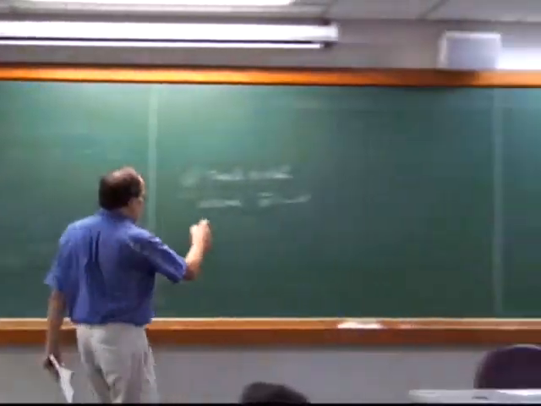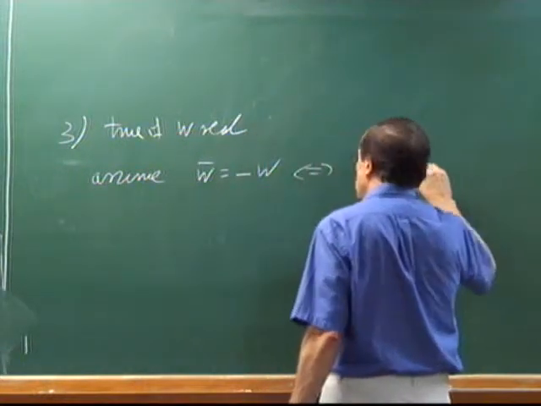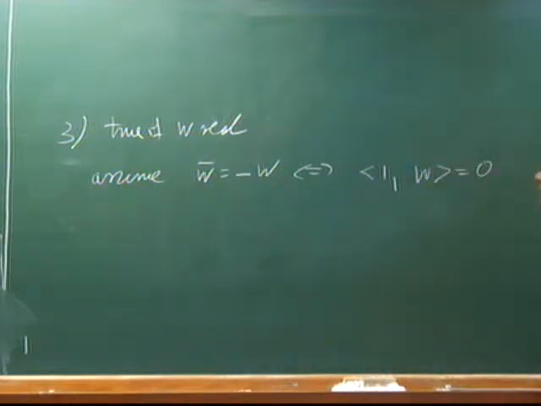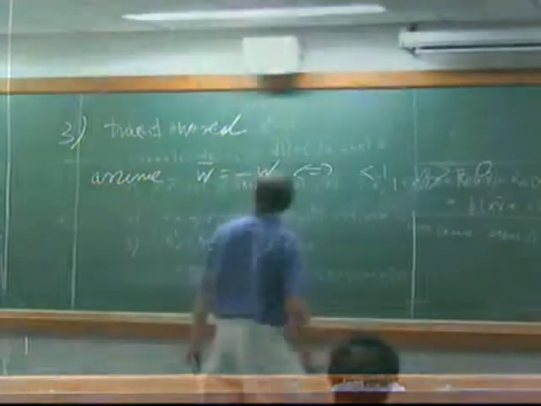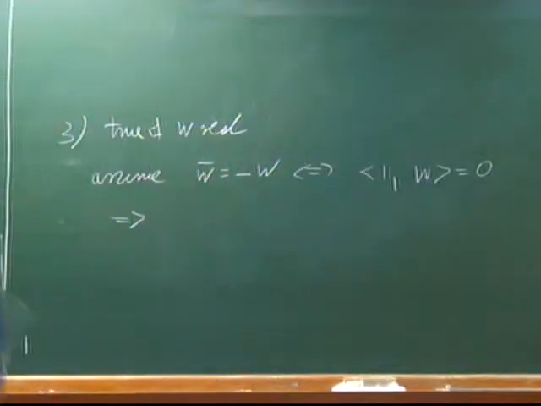What does that mean? That means it's equivalent, in fact, to saying that the inner product between 1 and w is equal to 0. That's if you want to follow this from this here, right? x equal to 1. So that's equal to 0, which means that I can use part 2 here to say that, so we'll choose x equal to 1.